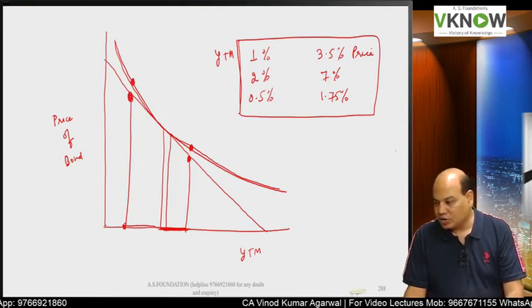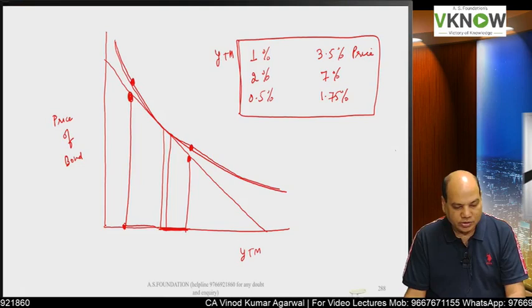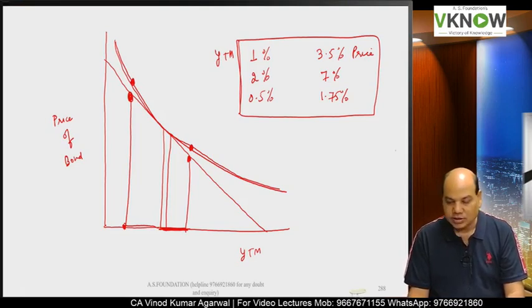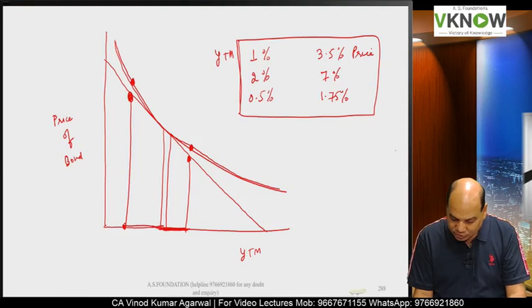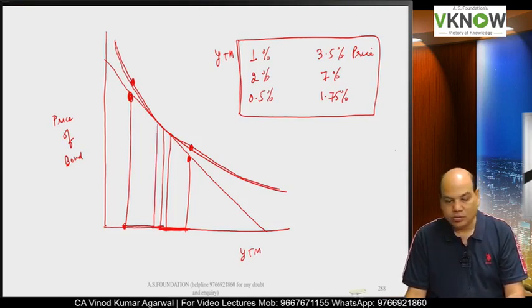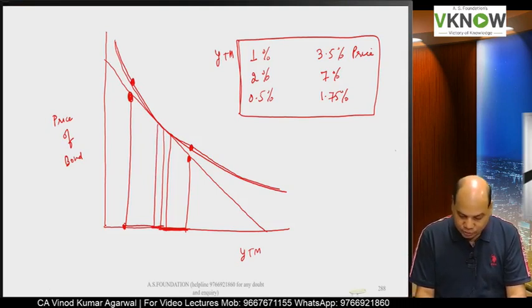So if the change in YTM is by a higher percentage, then duration does not give you an accurate answer, it gives you an approximate answer. But if the change in YTM is by a small percentage, then duration is close to the accurate answer. So this is the limitation of duration.